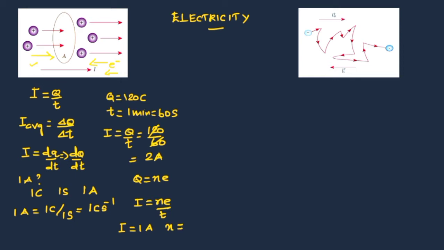You know very well N is equal to IT divided by E. I is 1 ampere, and for 1 second it becomes 1 by E. So 1 by 1.6 into 10 to the power of minus 19, and this will be 6.25 into 10 to the power of 18 electrons. This is the number of electrons flowing for 1 second which constitutes 1 ampere electric current.